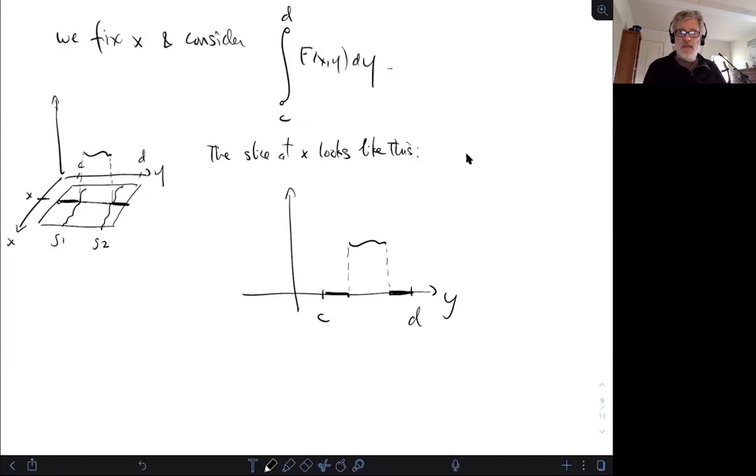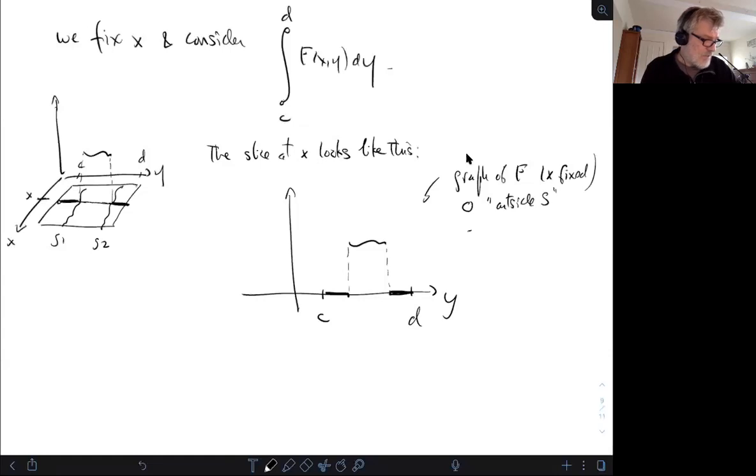That's the graph of big F, right? So this is the graph of big F when x is fixed, right? So it's 0 outside S, and it is equal to little f of xy inside.